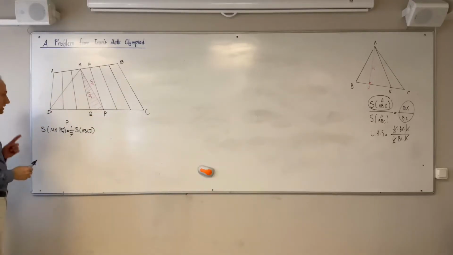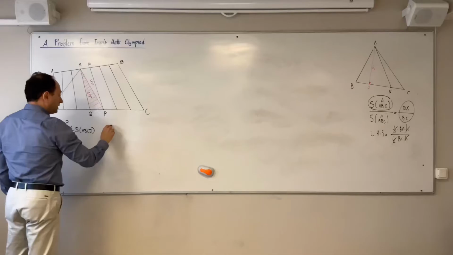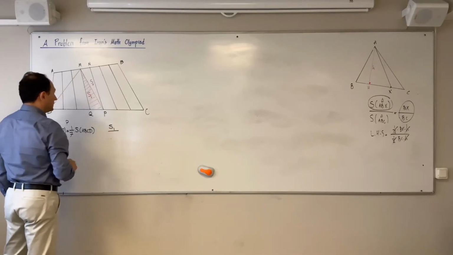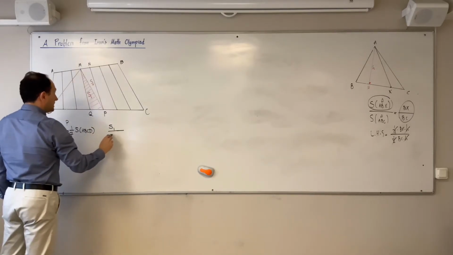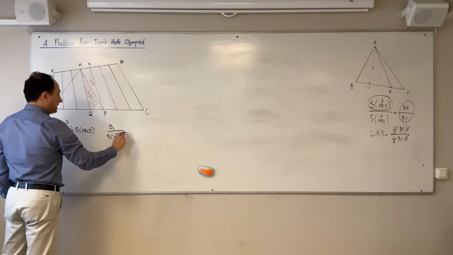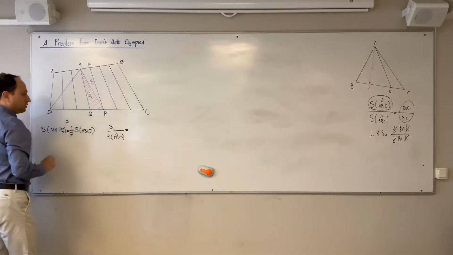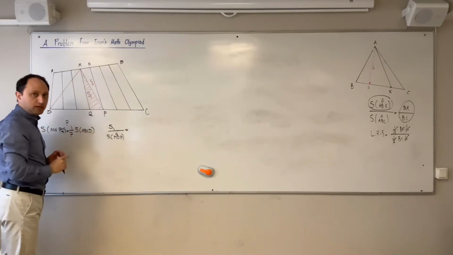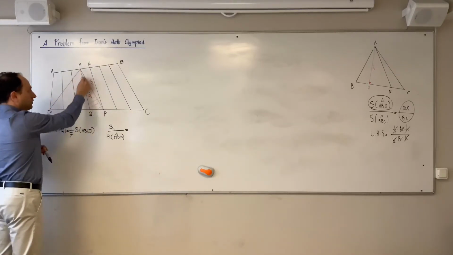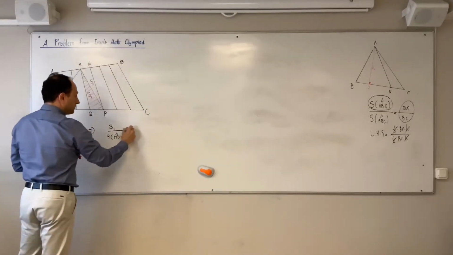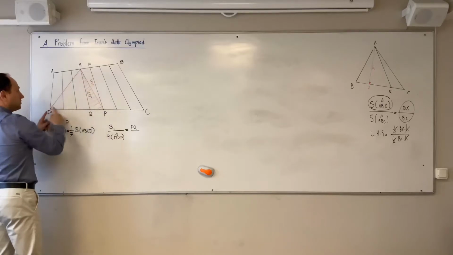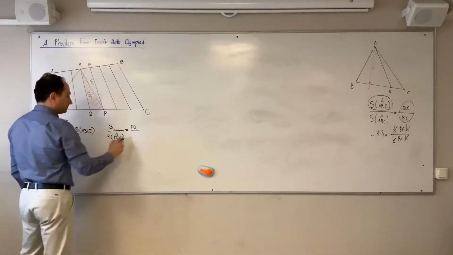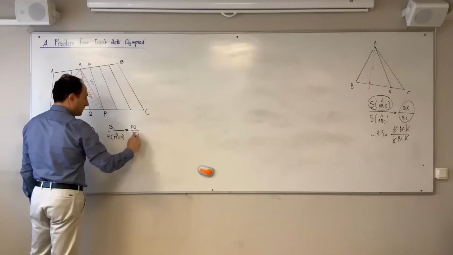So this means that the ratio of S1 over the area of this bigger triangle, which is S of MDP, is exactly equal to the ratio of the corresponding bases. The base of this narrow triangle is PQ, and the base of the bigger triangle is PD.